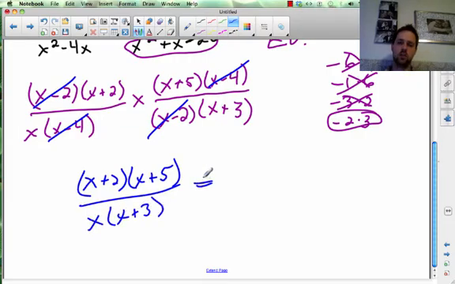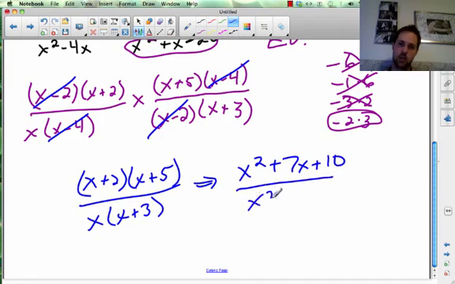And if you wanted to FOIL out your numerator and distribute your denominator, your final answer would look like x squared plus 7x plus 10 divided by x squared plus 3x.